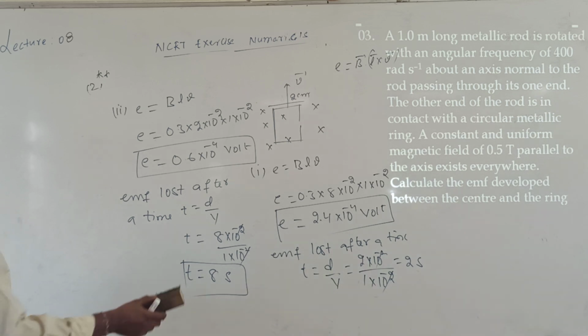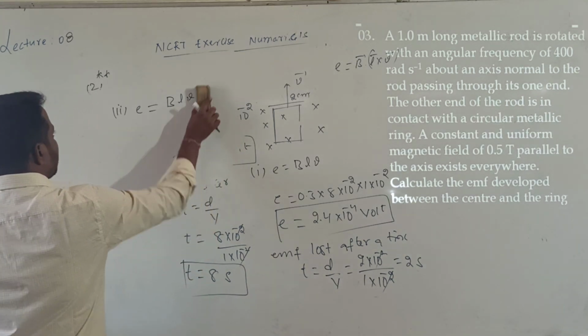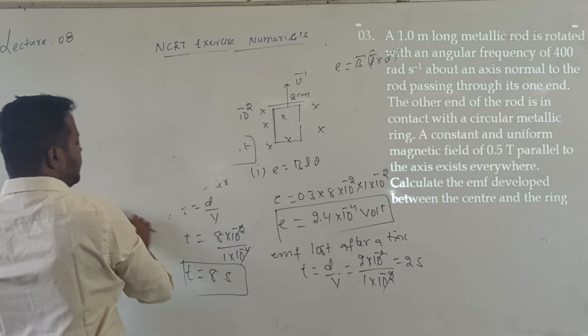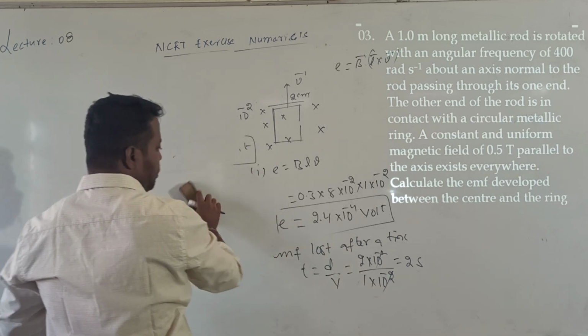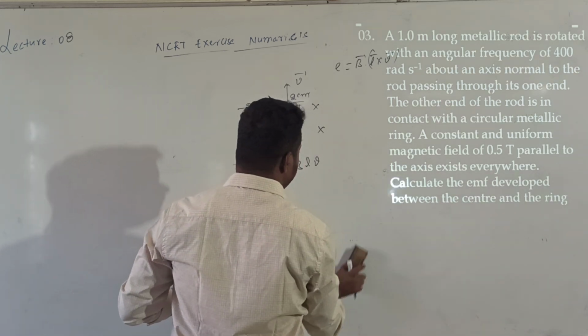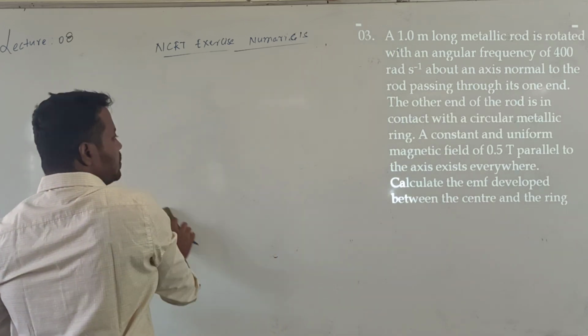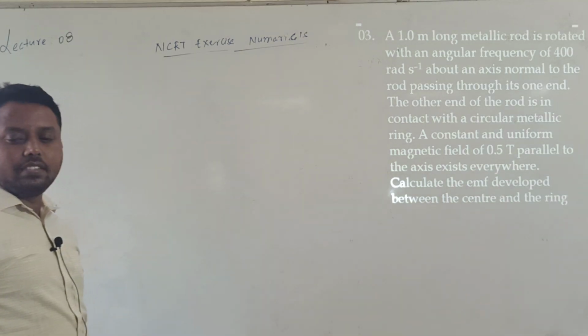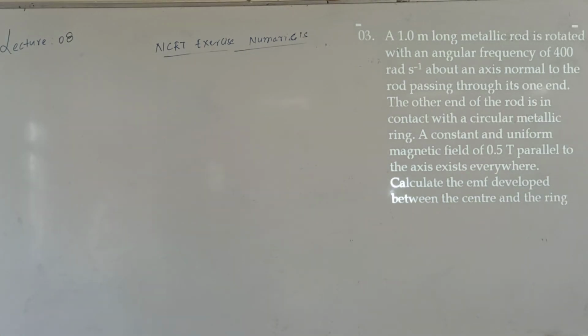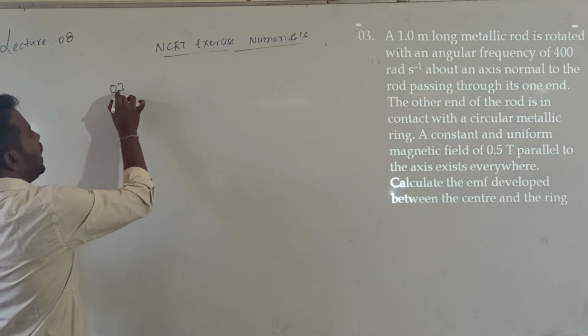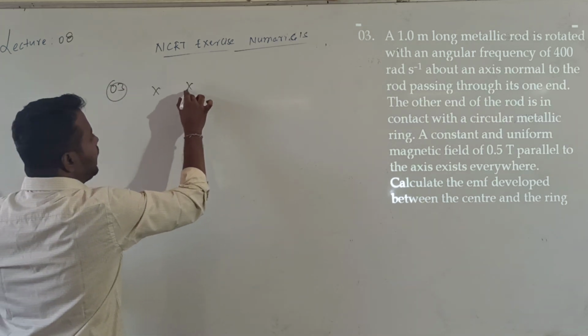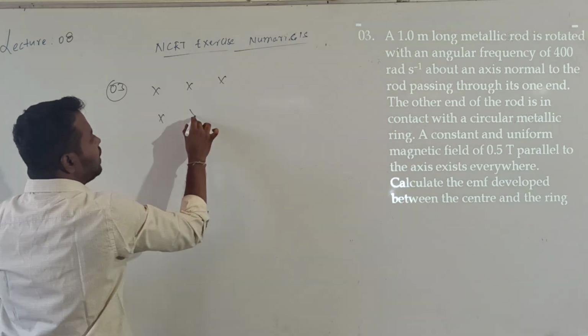Next, question number 3. So what is this third question? The third question is, a 1 meter long metallic rod rotates with an angular frequency. I told you about this one. A rod is rotating in an external uniform magnetic field.